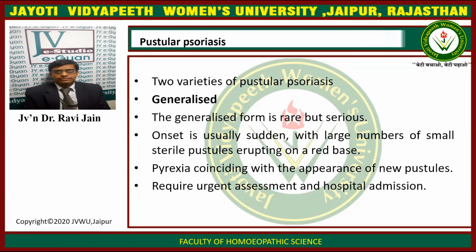The onset of generalized pustular psoriasis is usually sudden, with a large number of small sterile pustules erupting on the red base. There is pyrexia, which coincides with the appearance of new pustules. It requires urgent assessment and hospital admission.